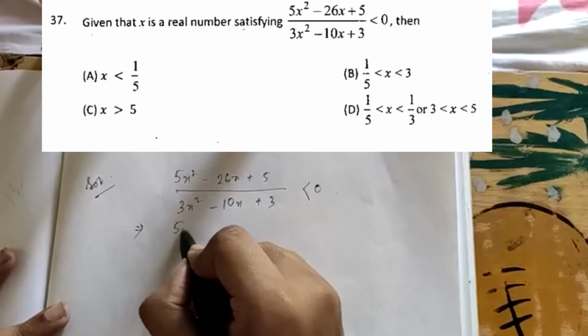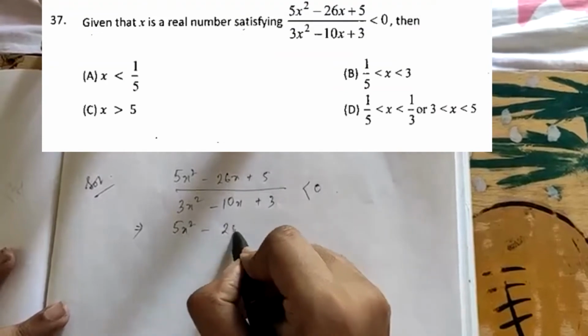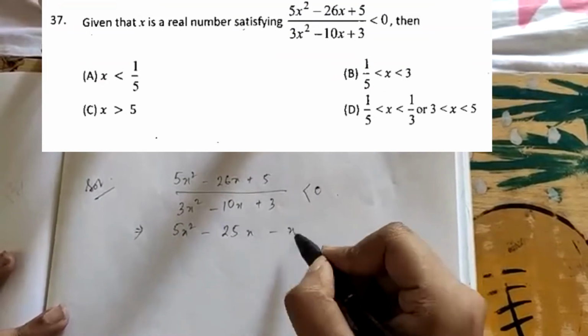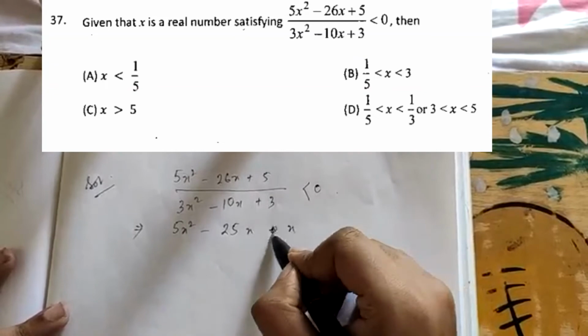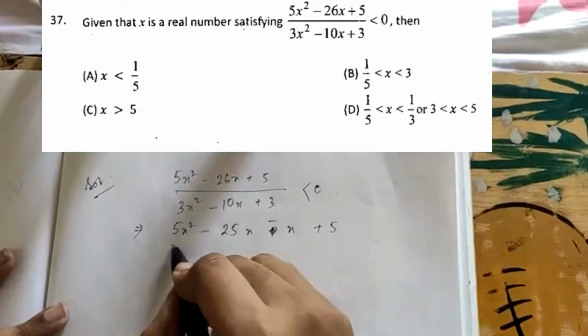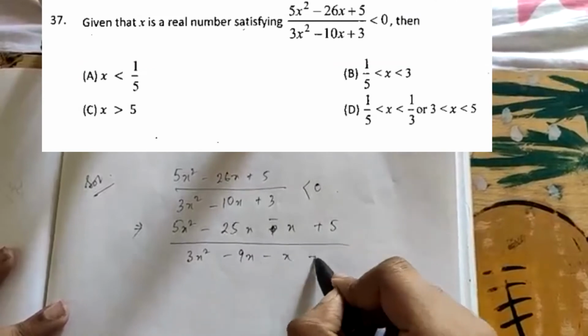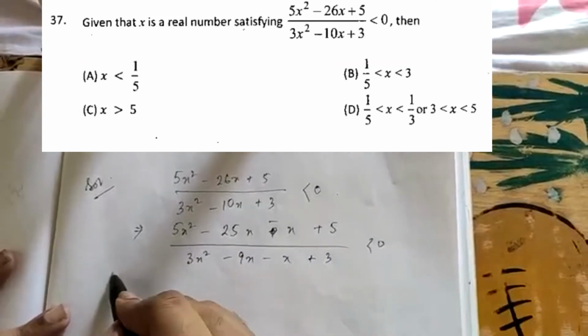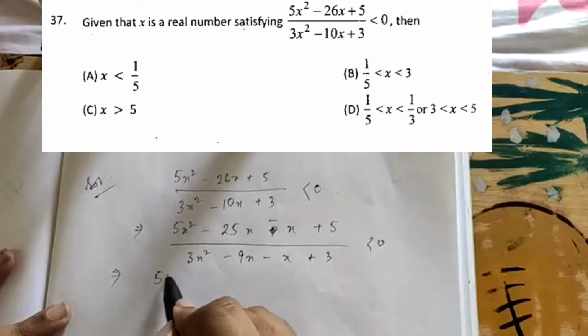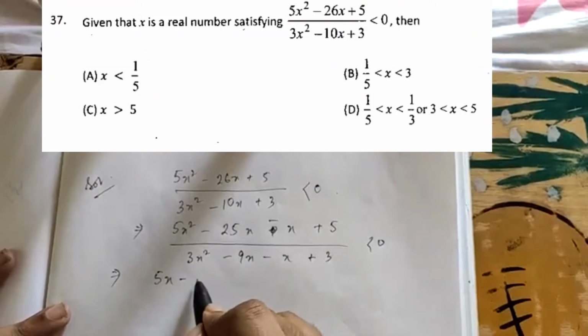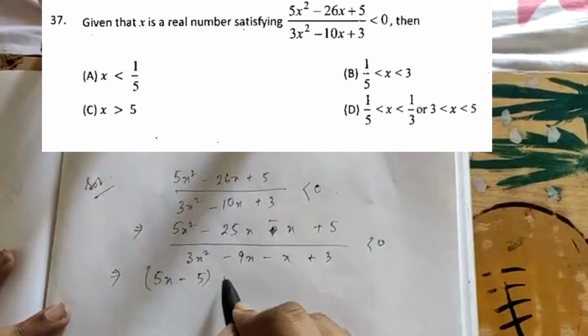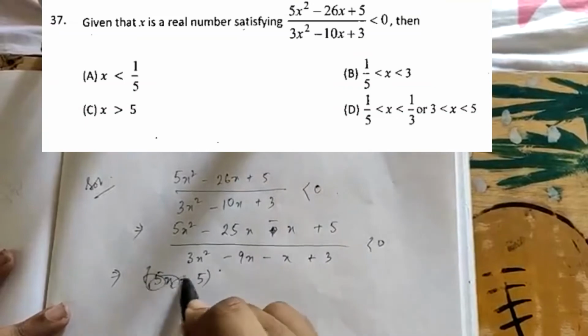It will come as (5x square minus 25x minus x plus 5) by (3x square minus 9x minus x plus 3) less than 0. It will again come as, sorry, let me do this.